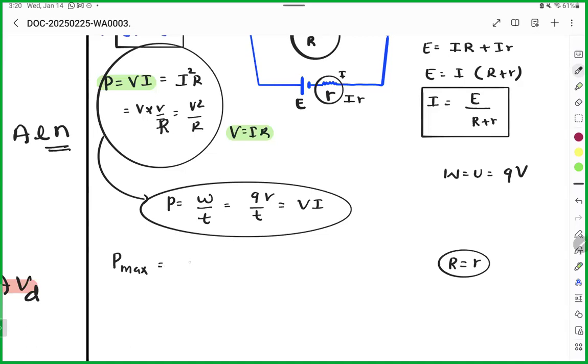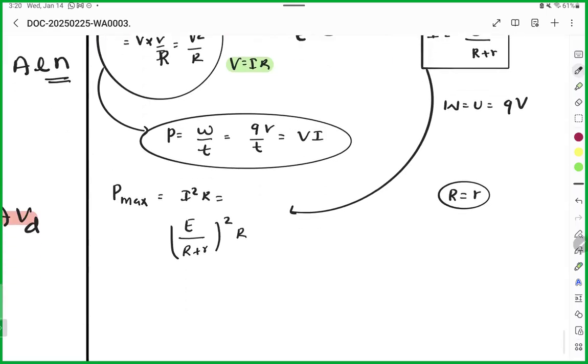Example, I square R. I value is also equal to E by R plus r, whole square into R. If capital R is equal to small r, then E square, small r means 2r square, 4r square, multiplied by r. This is the maximum power. Ask me guys any doubt?